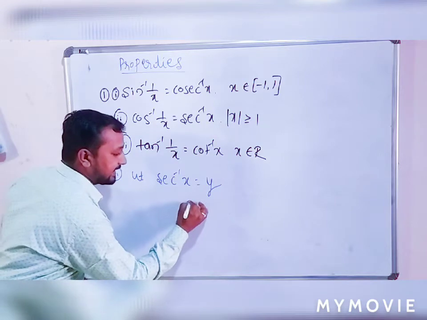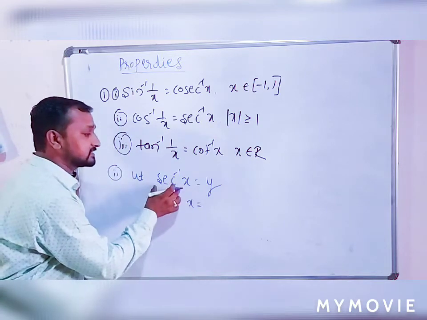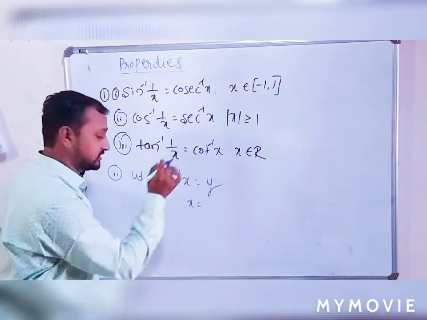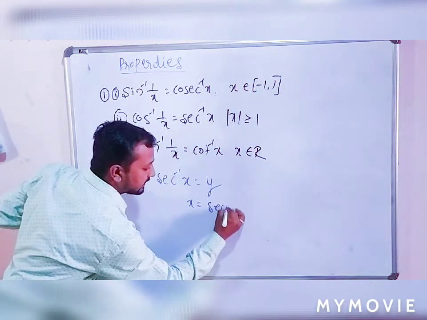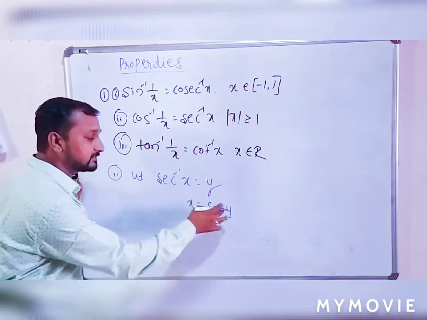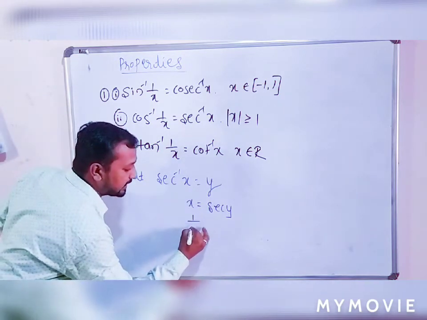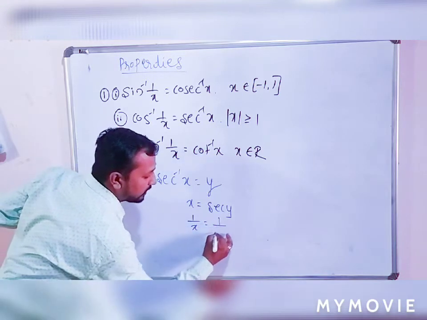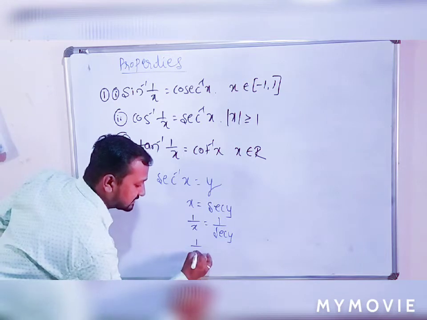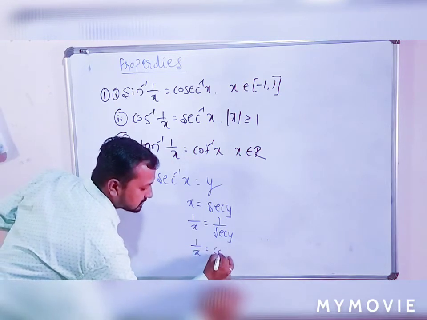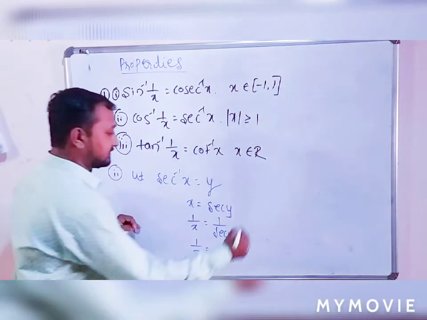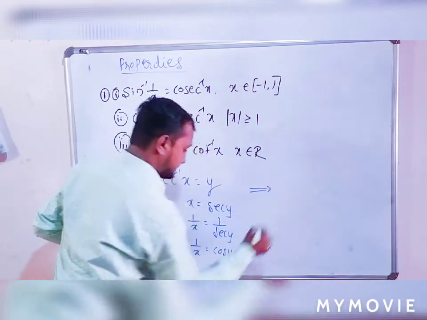So x is equal to sec y, since sec inverse shifts to the right-hand side as the standard sec function. Then taking the reciprocal, 1 divided by x is equal to 1 divided by sec y, which is cos y.